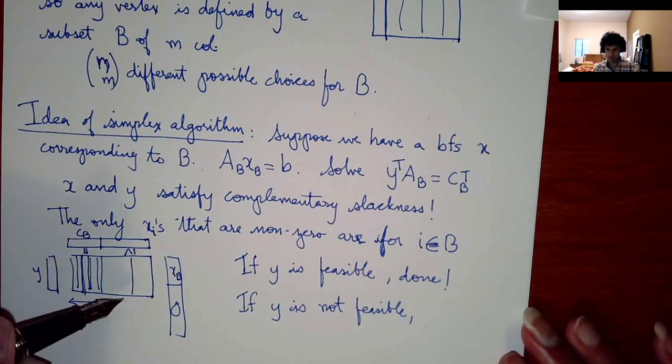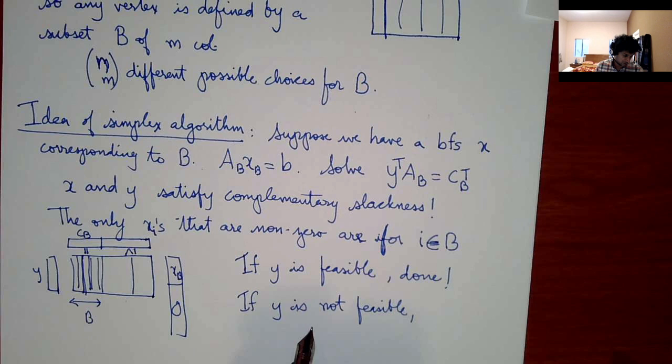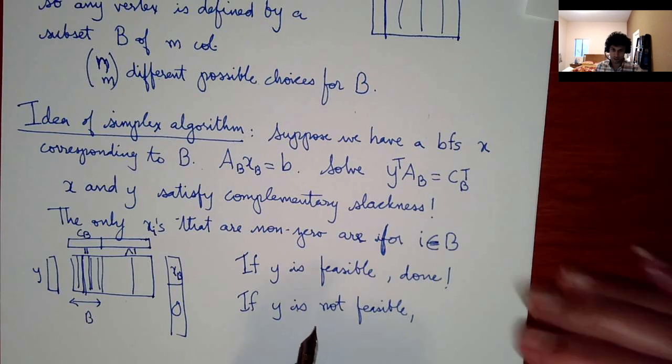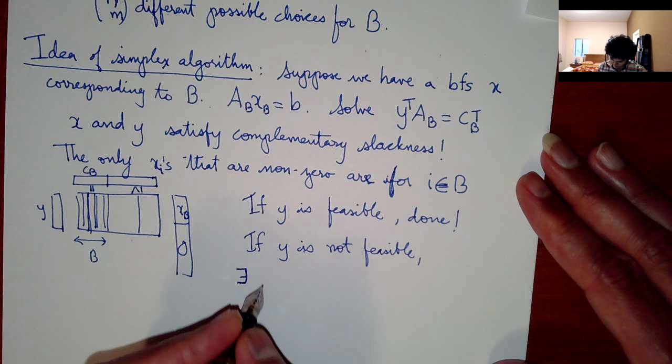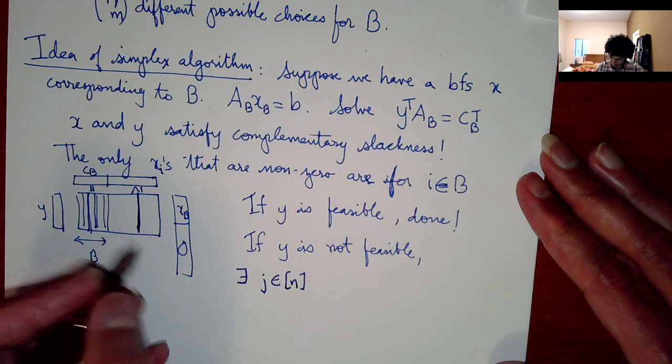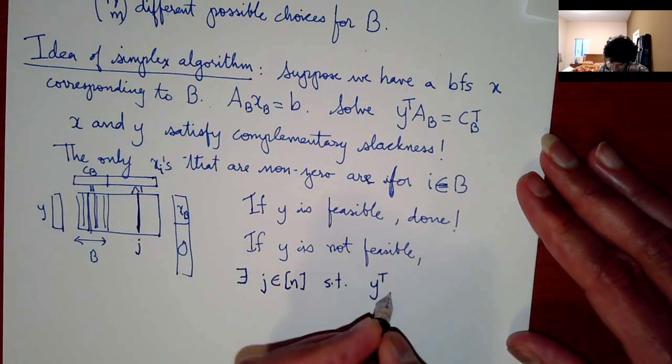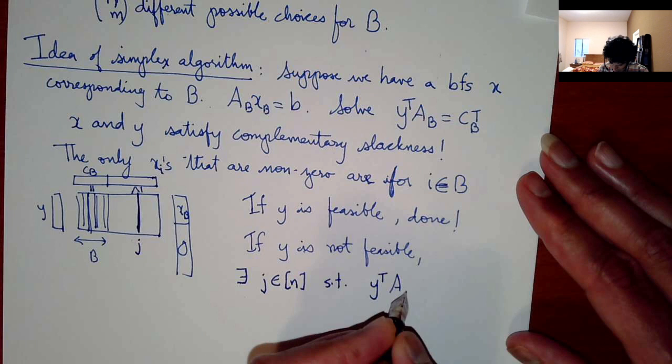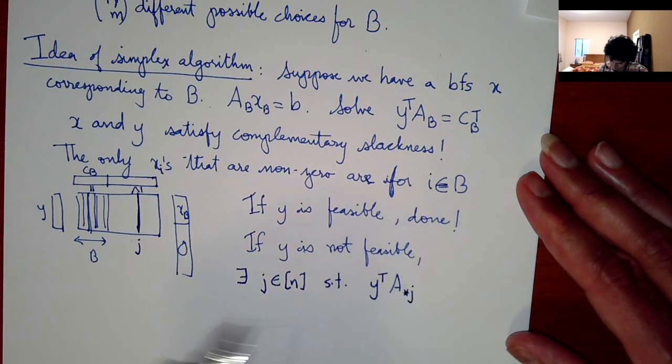So if y is not feasible, there exists some j in n, so some column j such that y transpose A_j, that constraint is strictly less than c_j.